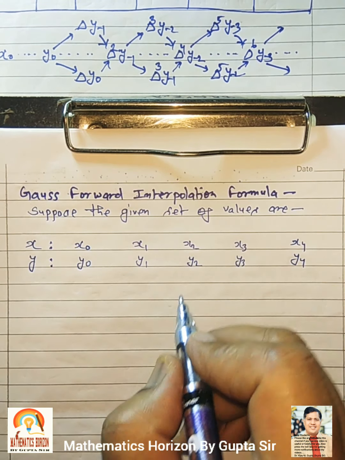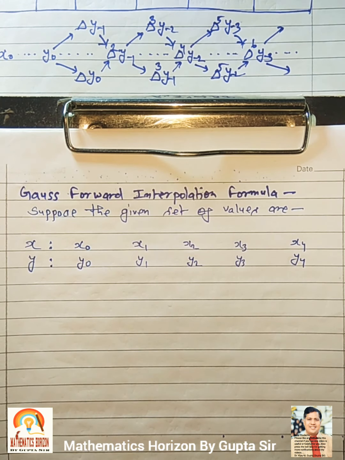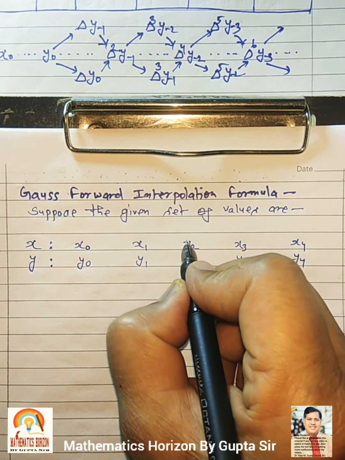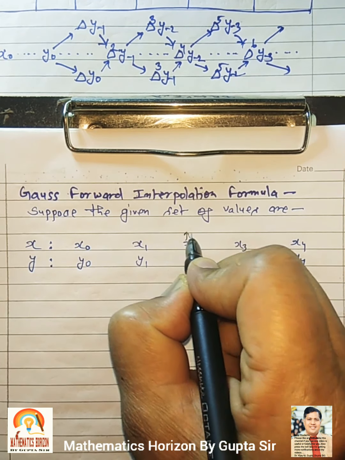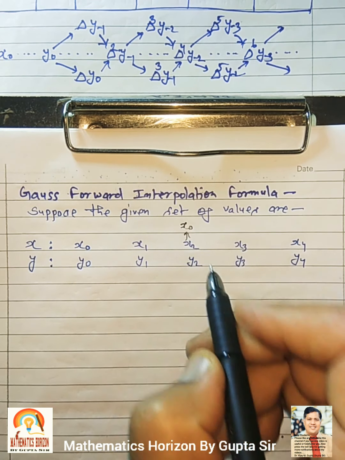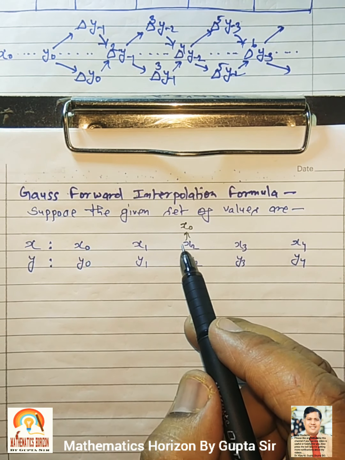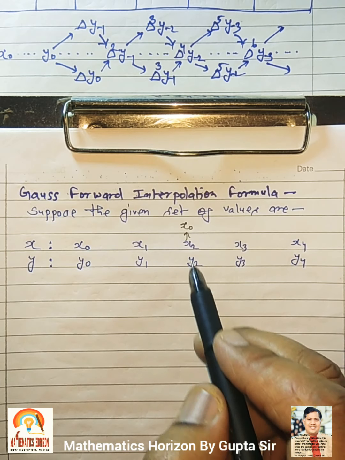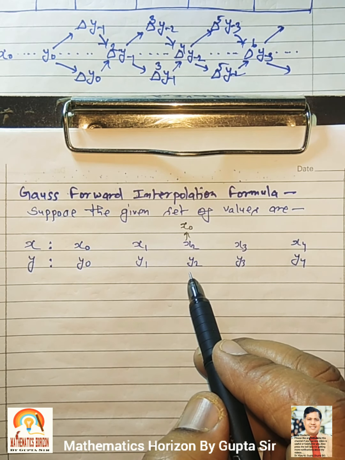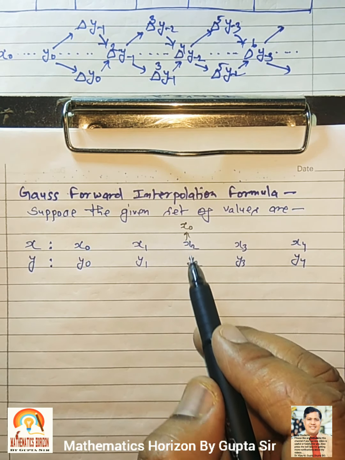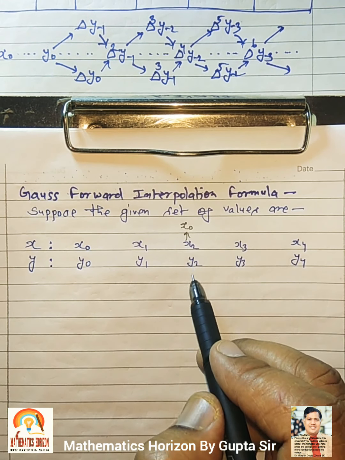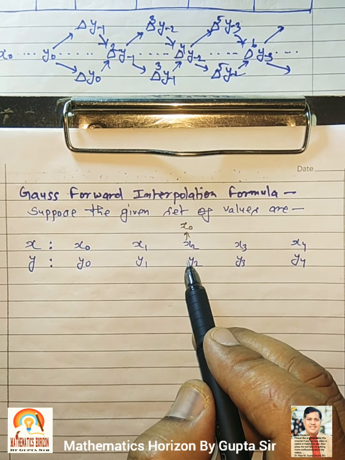And suppose we are interpolating values near the center of the table. Near the center of the table means the initial value x0 is near the center of the table. Then this will be x0.